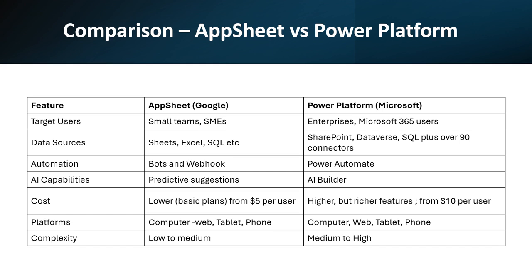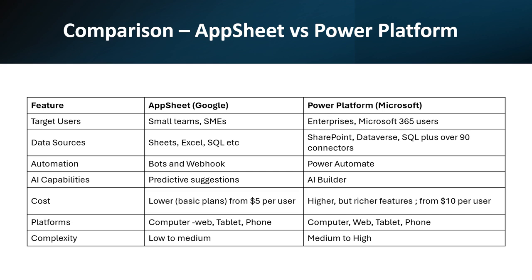Then Power Platform supports Power Automate and other APIs. Then AI capability: AppSheet has some AI functionality for predictive analytics. Power Platform has AI Builder and the extensibility of using Python and machine learning as well.